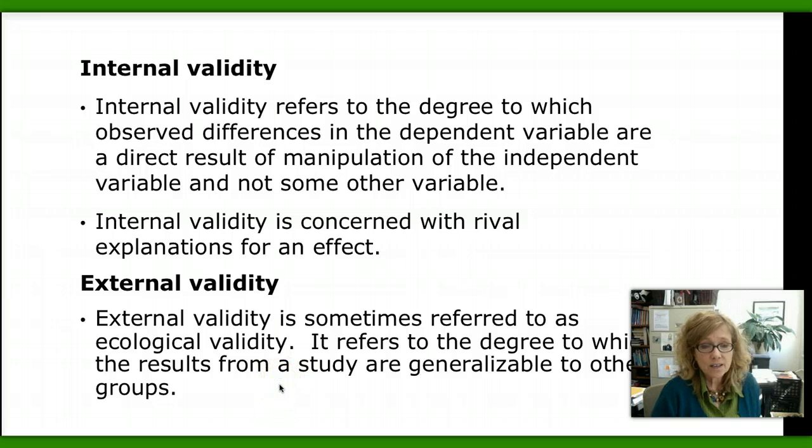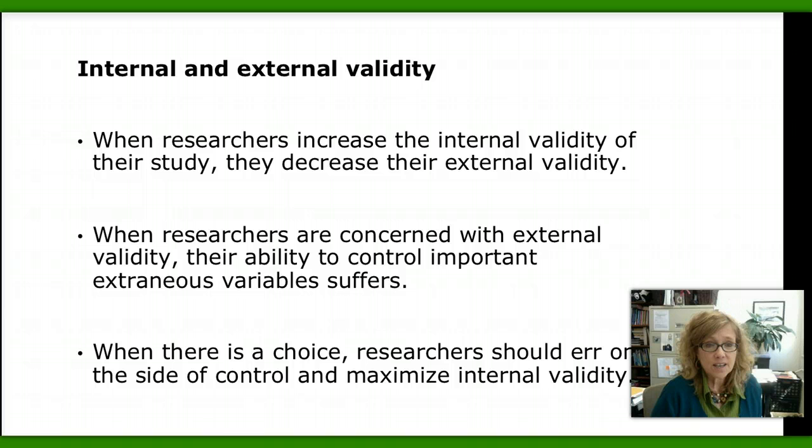External validity, by comparison, is also referred to as ecological validity, and that refers to the degree to which the results from a study are generalizable to other groups. And interestingly, when researchers increase the internal validity of a study, they decrease their external validity.